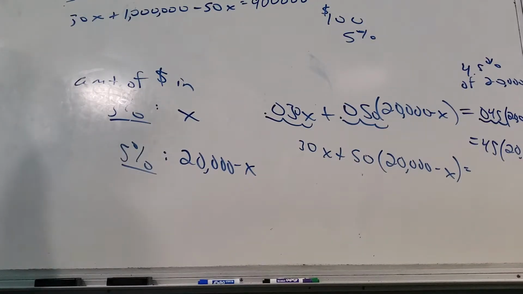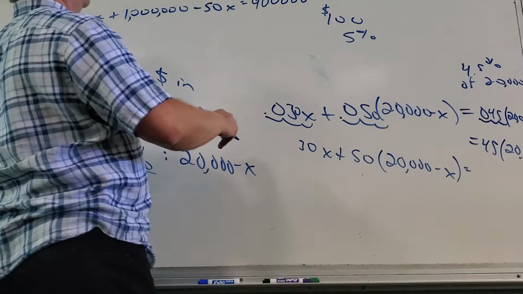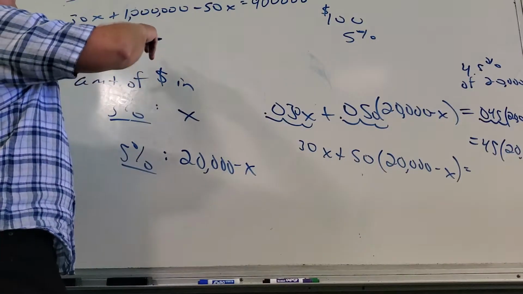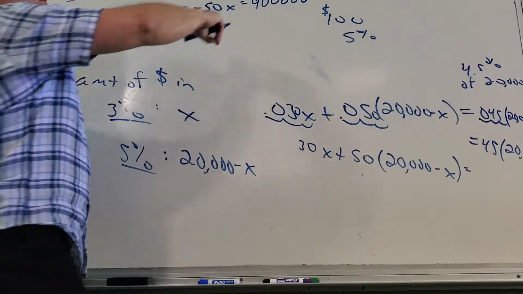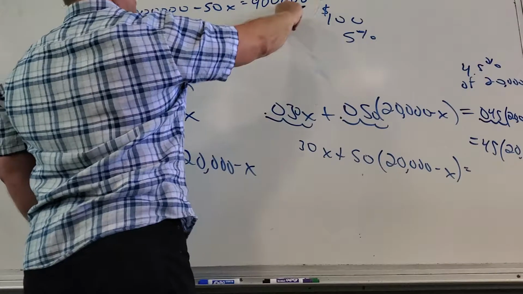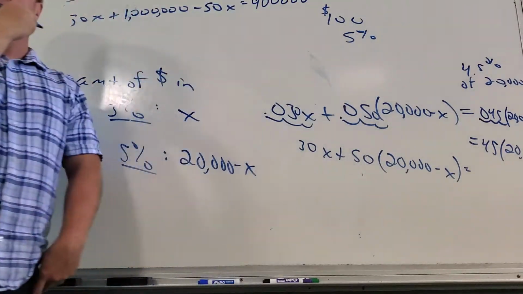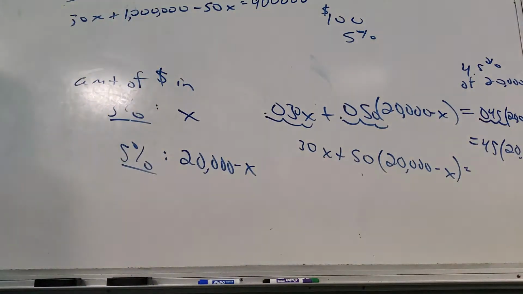You can literally just take the 0 off the 50. 5 times 2 is 10, and then just count the zeros, bam. 45 times 2 is 90, and just count the rest of the zeros, bam. Who needs a calculator? If it wasn't a bunch of zeros, it would have been a little harder.